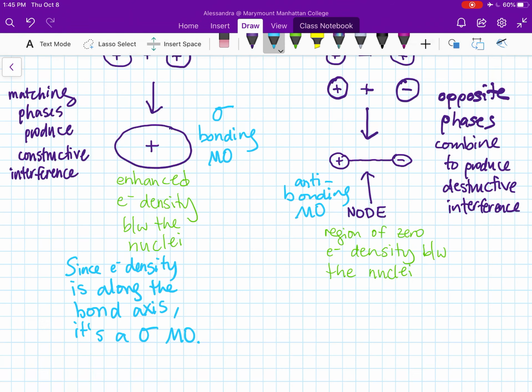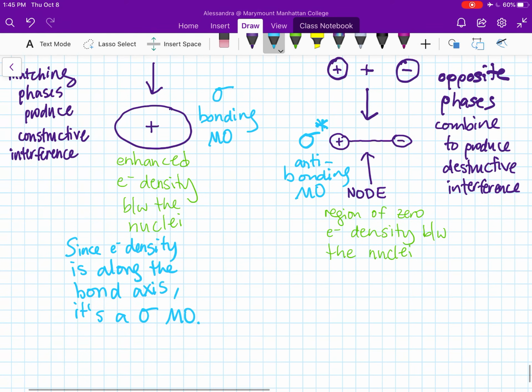The anti-bonding MO is a sigma star. So this little star that I put next to the sigma, that star means anti-bonding. Okay, so this is my sigma star anti-bonding molecular orbital. And this is my sigma bonding molecular orbital for the hydrogen molecule here.